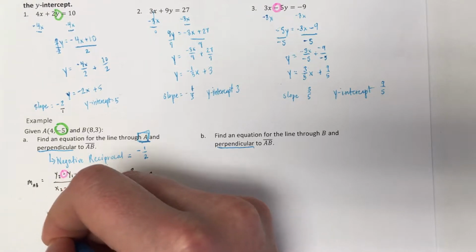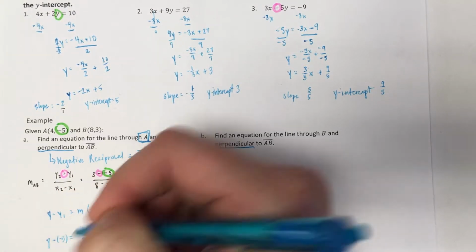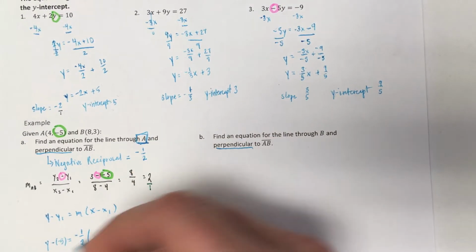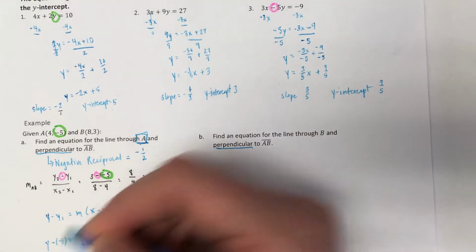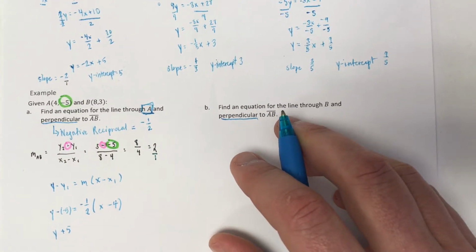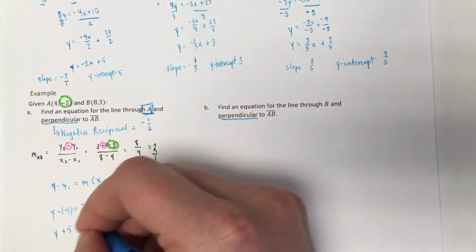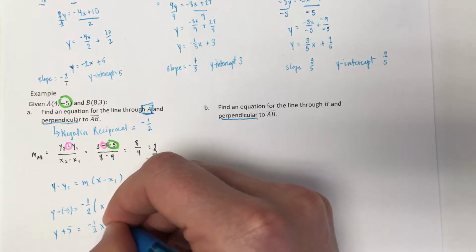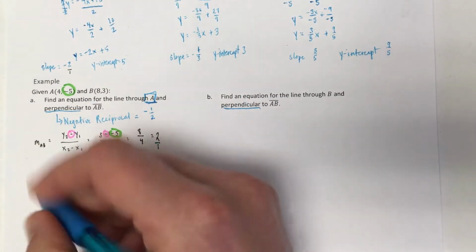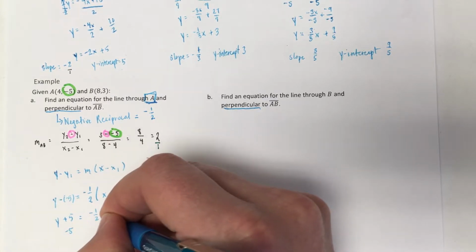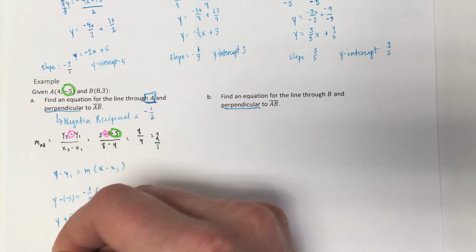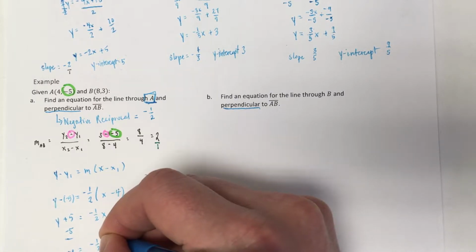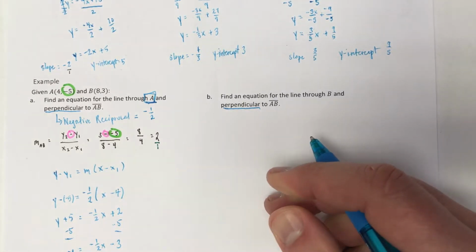So y minus -5 equals -1/2 times x minus 4, y plus 5 equals -1/2 x plus 2. Subtract the 5, subtract the 5, y equals -1/2 x minus 3.